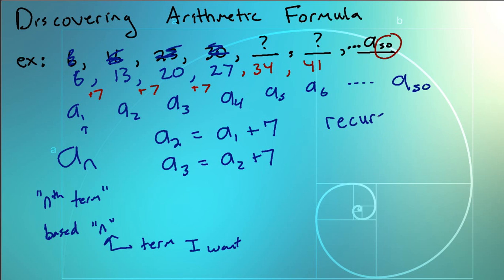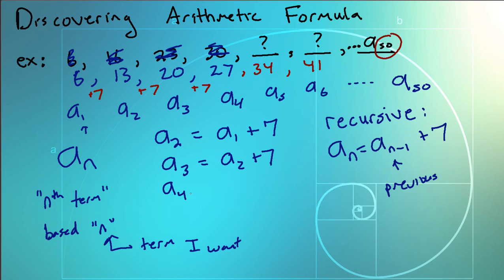Now, the recursive formula is not going to help us too much to get to that 50th term, but it will help us to get to where we're going. So the recursive formula here would be A sub n, our nth term, equals A sub n minus 1. This means the previous term, and then plus 7. So there's a recursive formula.